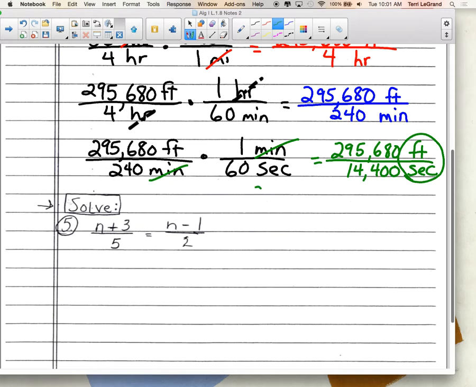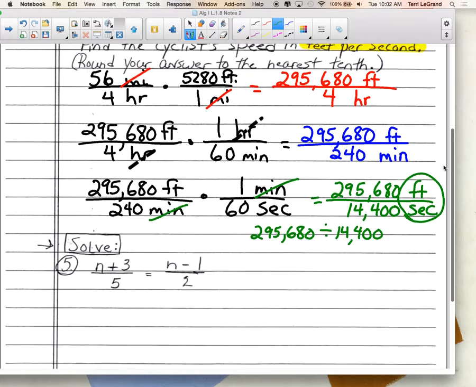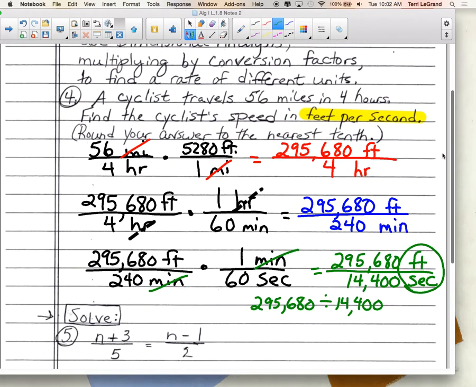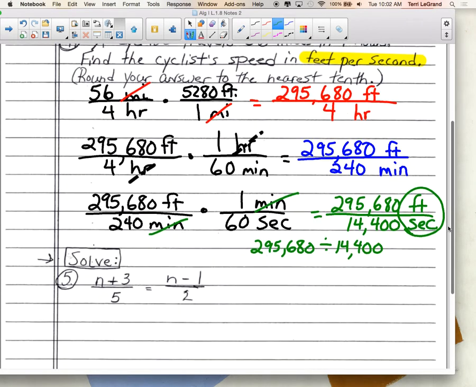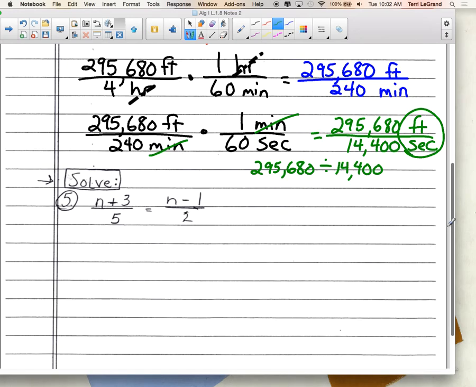We're going to say, okay, what is 295,680 divided by 14,400? And did it give us round to the nearest tenth? Okay, see what you get. Divide that out, and what's that to the nearest tenth? What do you get, Andrew? 20.53 feet per second.